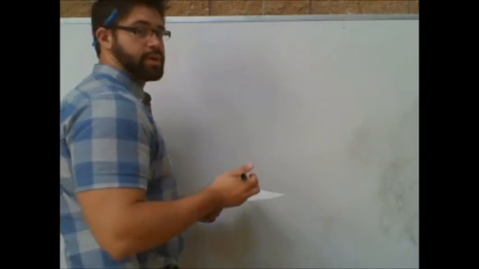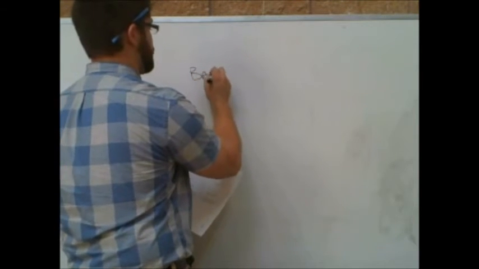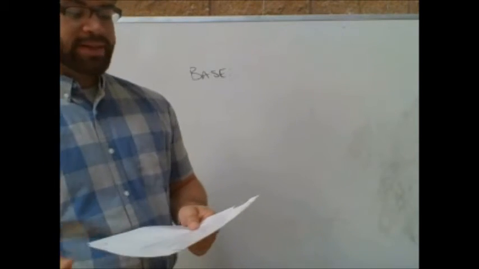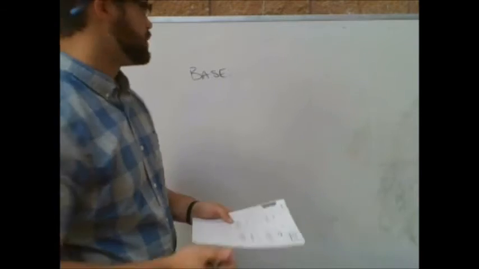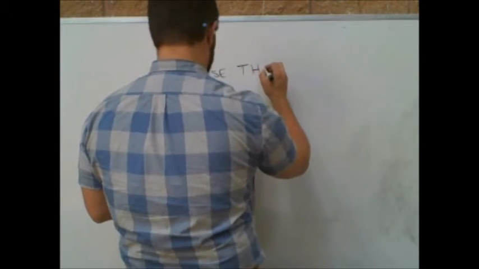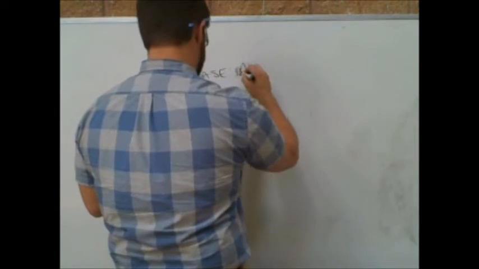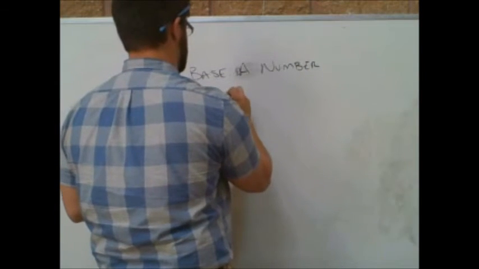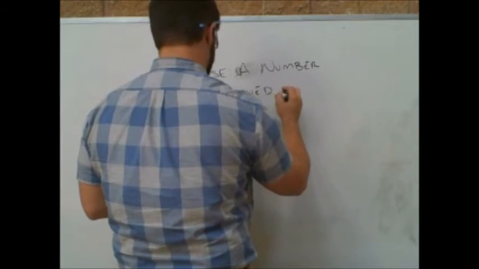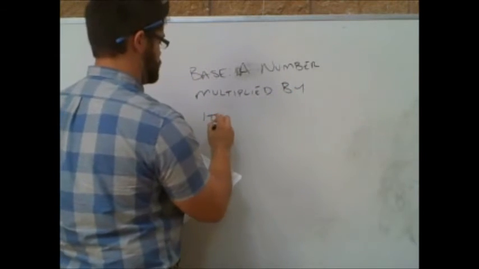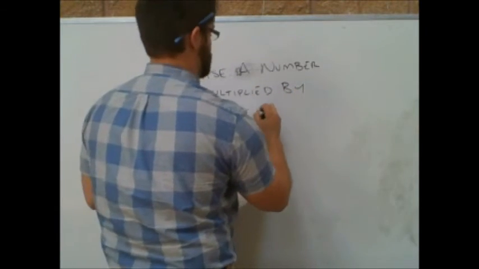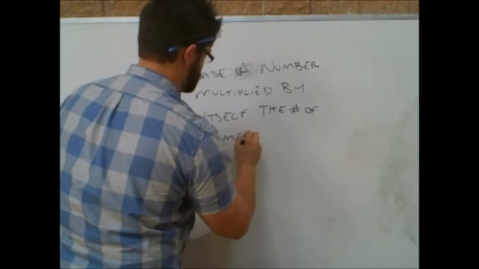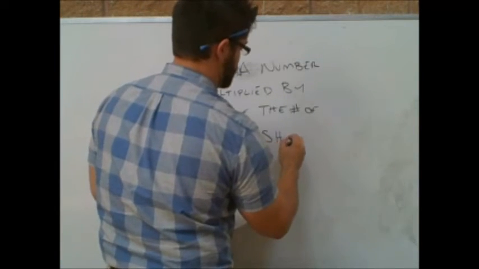The first vocab word that I want you to write down for this section is going to be base. So base is going to be a number multiplied by itself the number of times shown by an exponent.